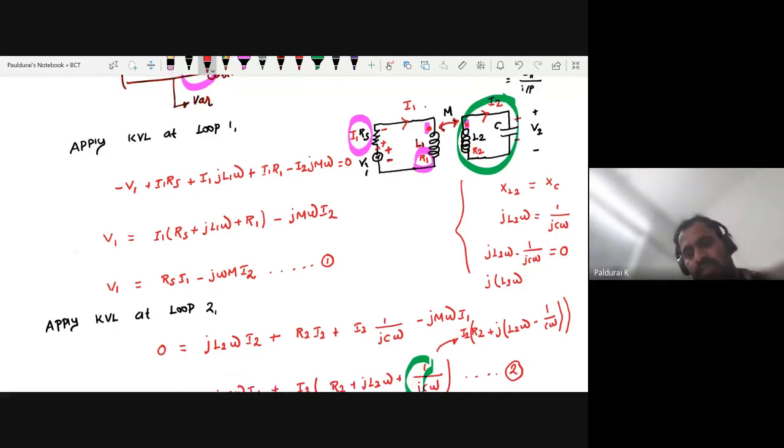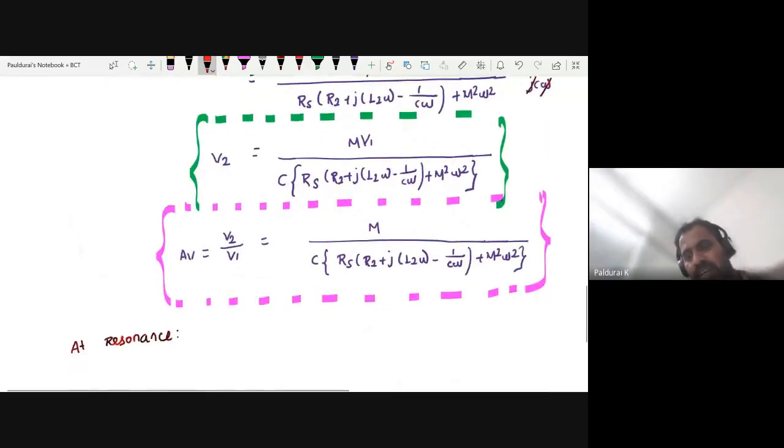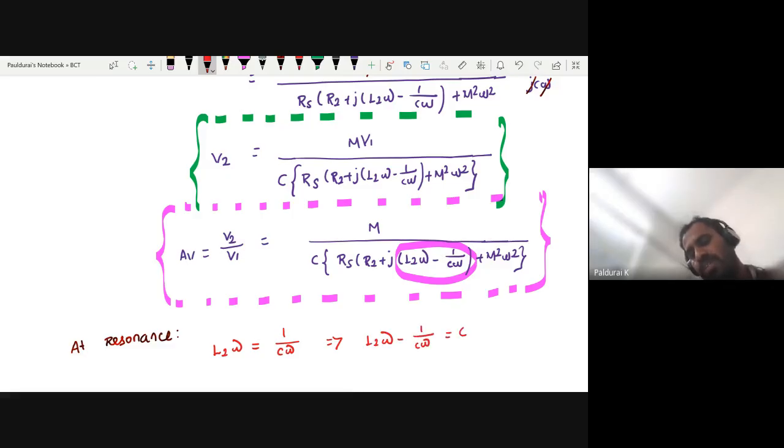Now substitute this relation here. When resonance occurs, these two are equal. So let me give the conclusion. At resonance, L2 omega, the reactance offered by the inductor, equals the reactance offered by the capacitor, 1 by C omega, or otherwise L2 omega minus 1 by C omega equals 0.